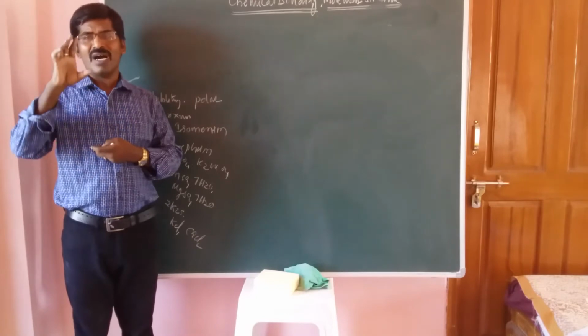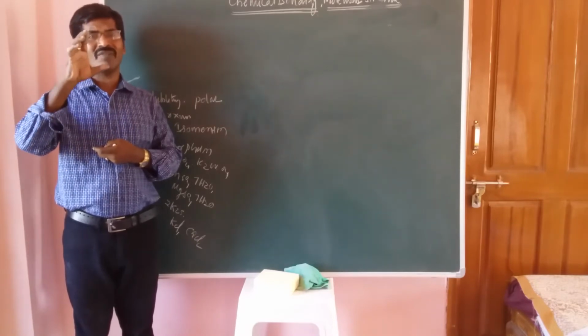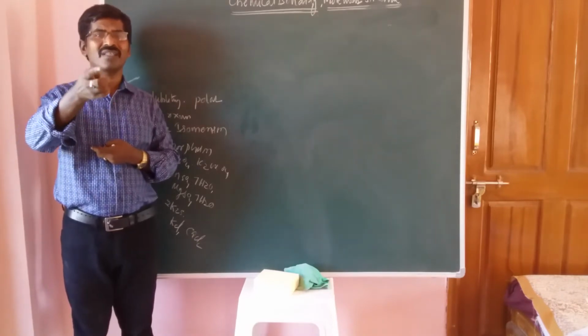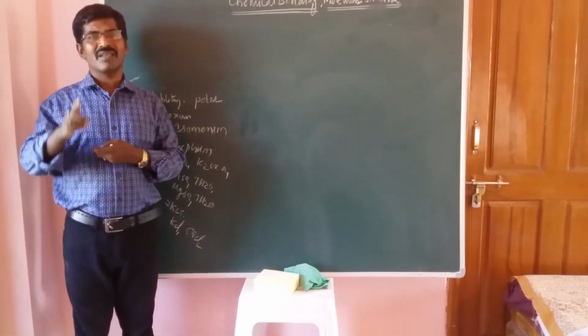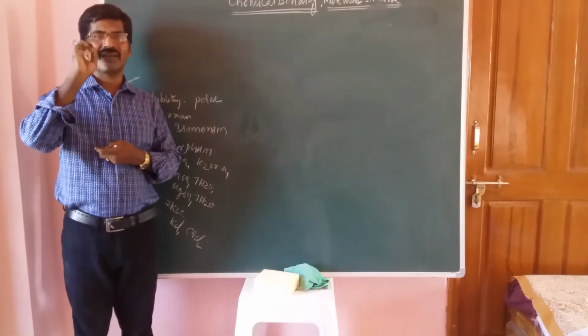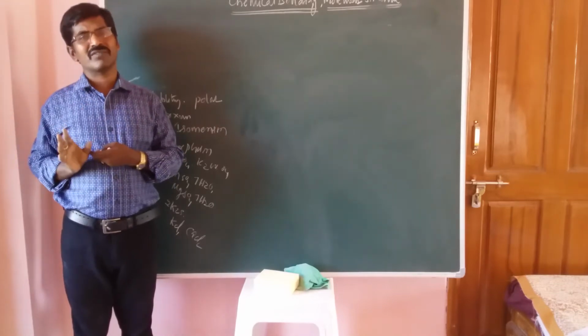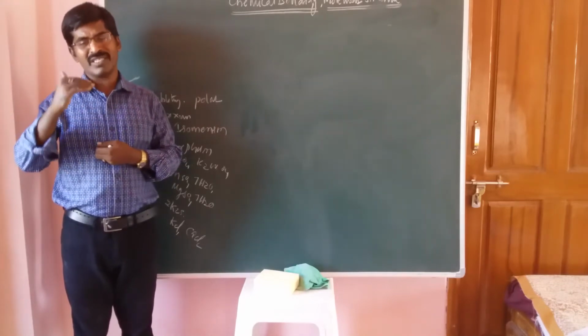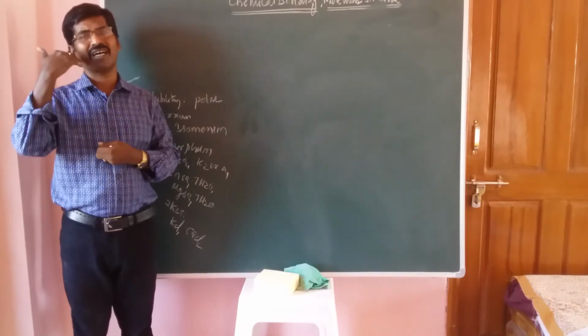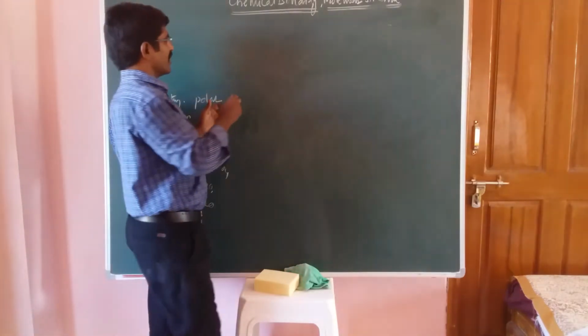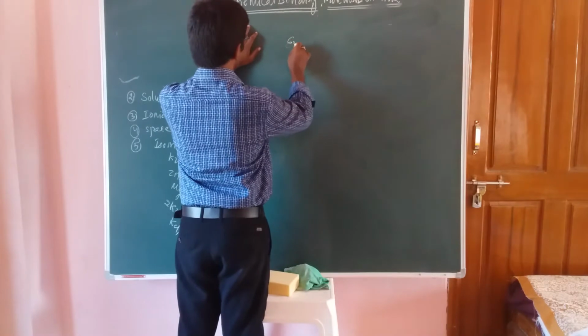Ionic substances are soluble in ionic solvents, and non-ionic substances are soluble in non-ionic solvents. Solubility depends upon the nature of the substance. For example, take this type of compounds.